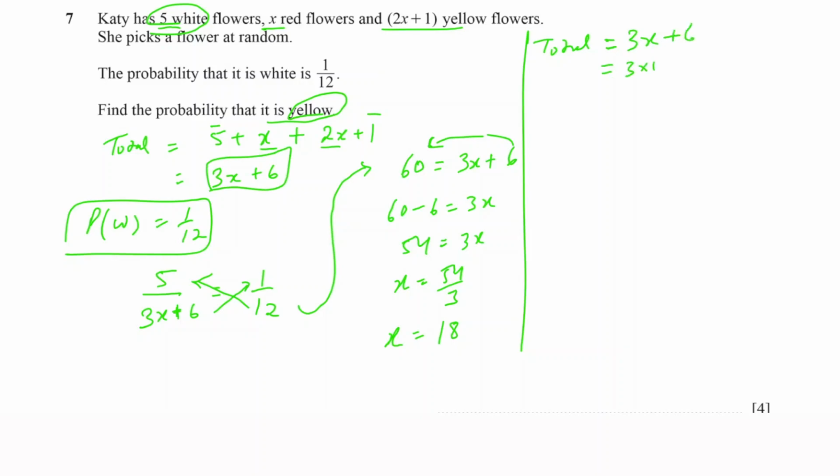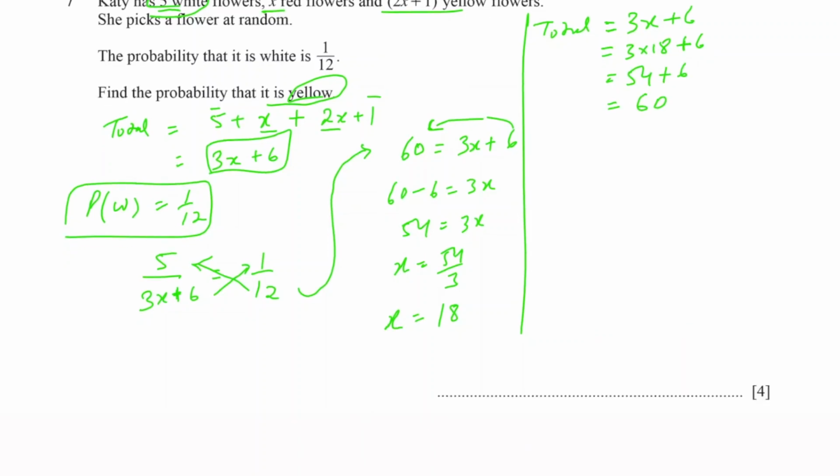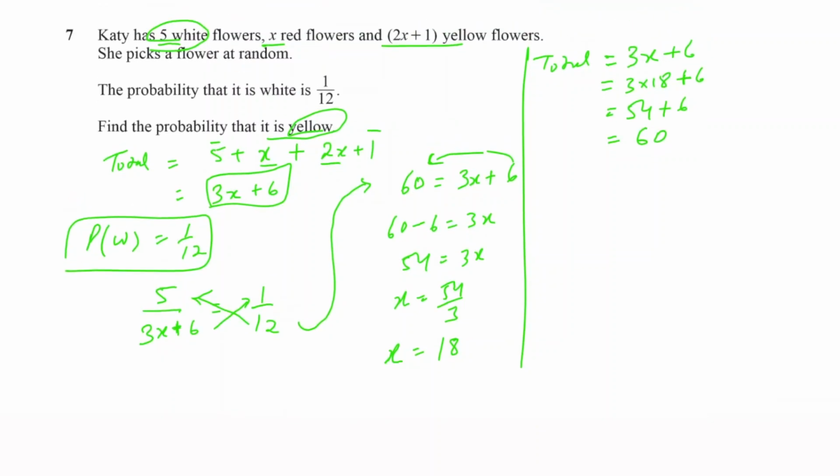So 3 into 18 plus 6, x value I've just inserted. So 18 times 3 is 54 plus 6, the total value is 60. Okay, and how much total yellow flowers are there? Yellow flower is 2x plus 1, where the value of x is 18.